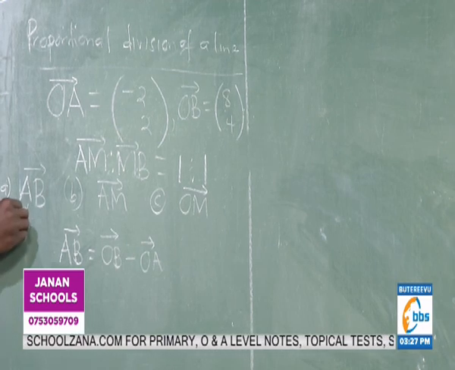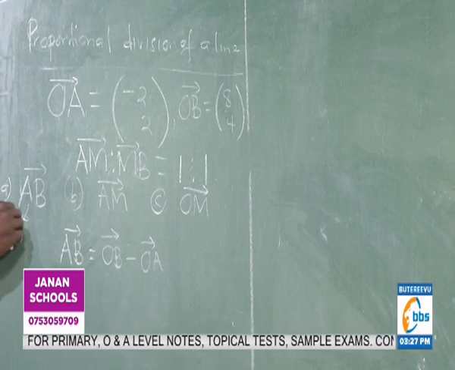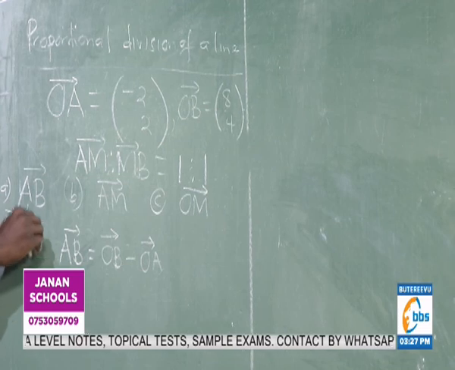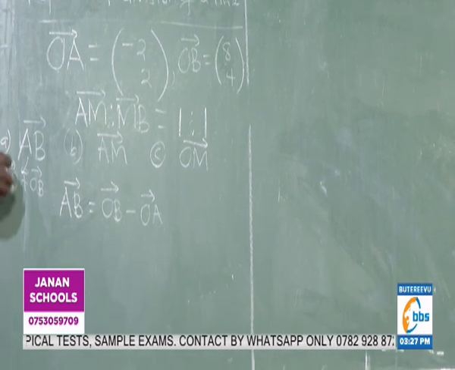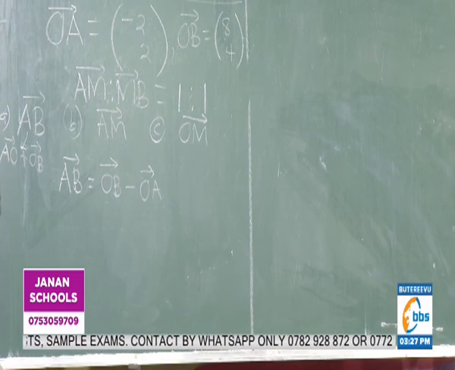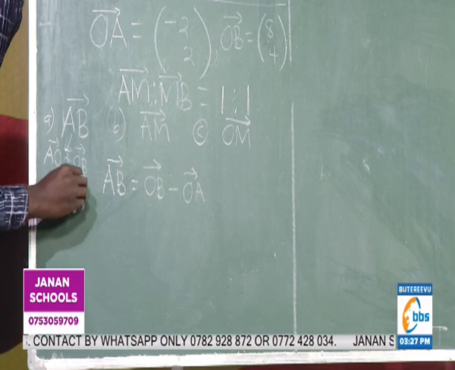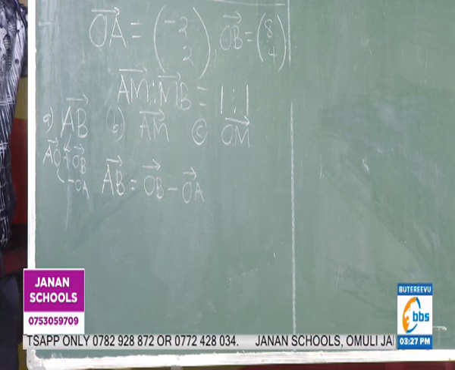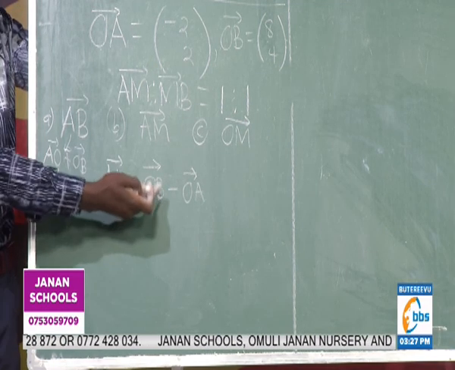But I also want to remind you again, AB can be the same thing as AO plus OB. Another person can use this, there's no problem. But knowing that this AO is the same as negative OA, that's why we end up getting OB minus OA. We did that so many times. So we have AB equals OB minus OA.